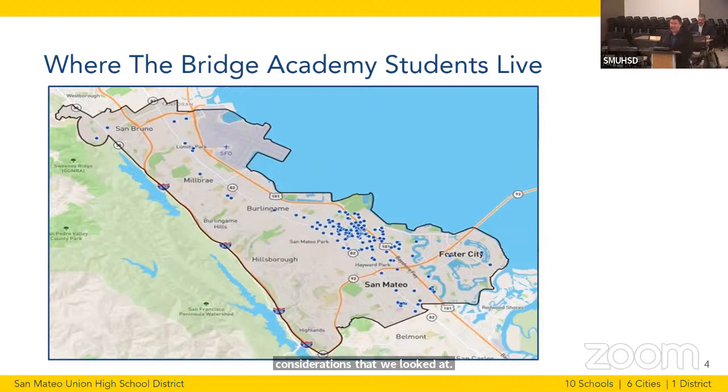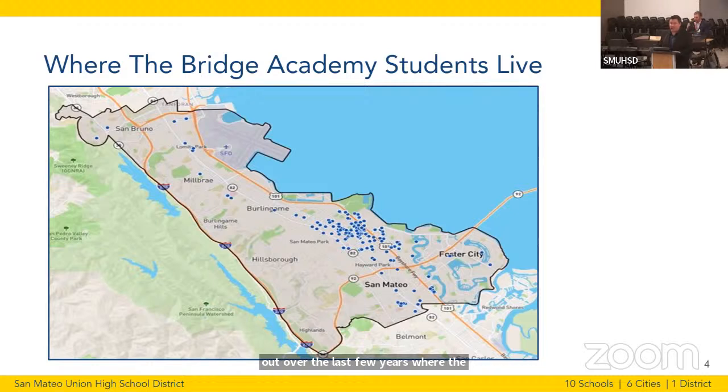When we look at that key consideration where the student population lives, we needed to know where they lived. So with help of the Student Services Department, thanks, Don, as well as the IT department, we were able to map out over the last few years where the students that attended the Bridge Academy lived.